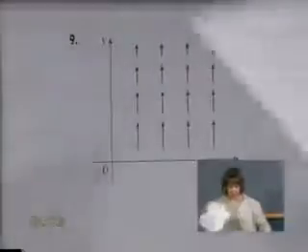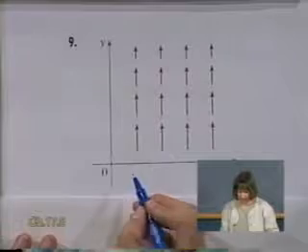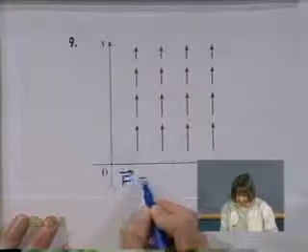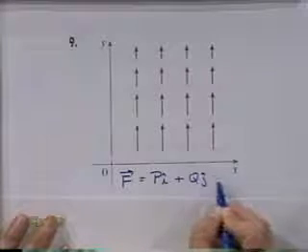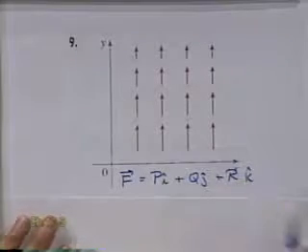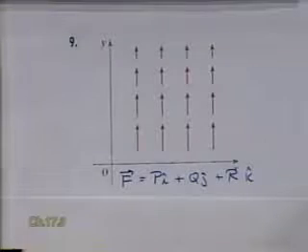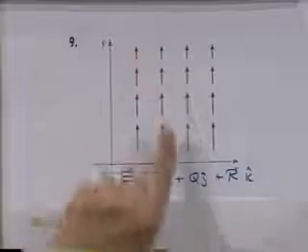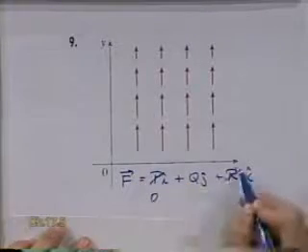So we look at this function, and I say, okay, if f is equal to pi plus qj plus rk, all of those vectors are pointing in what direction? The y. So if they're all pointing in the y direction, what's their x component? What's their z component? So this is 0, and this is 0.